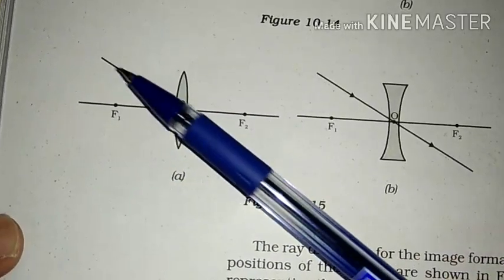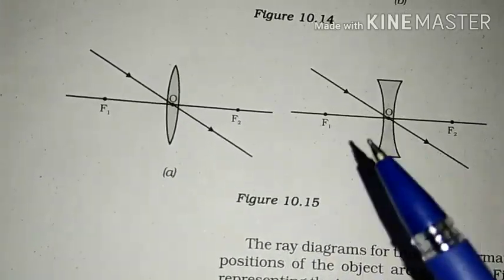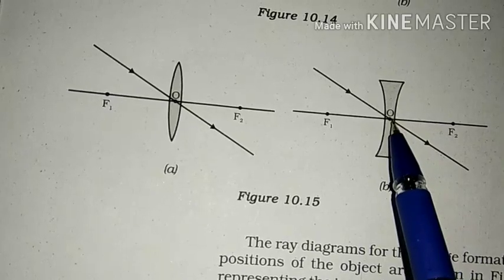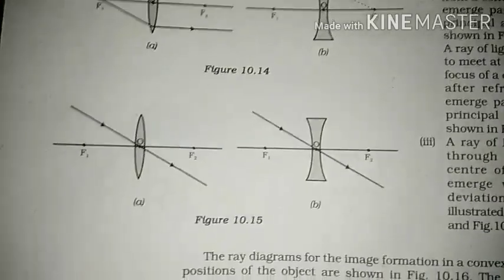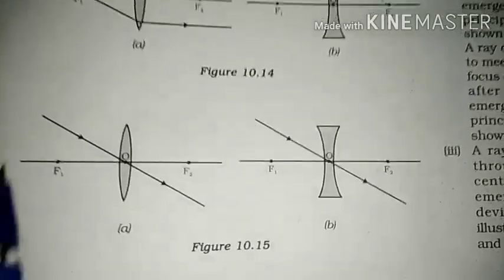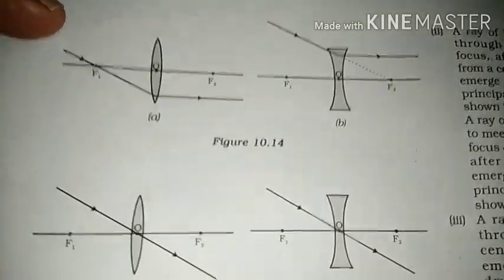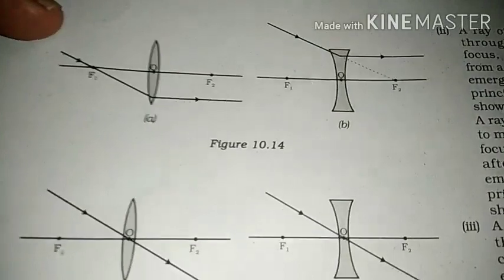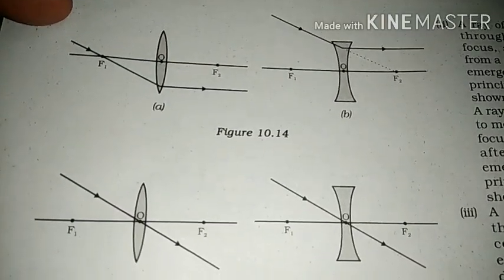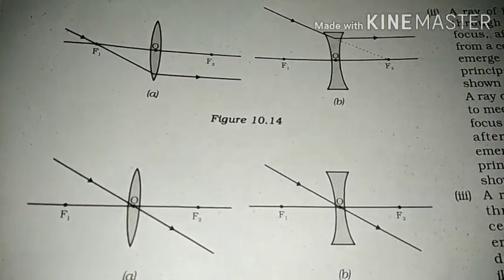They travel on its original path, and the same situation is for concave lens. Now, out of these three rules, we shall obey any two rules to represent image formation by convex lens in different 6 cases. So one by one we shall explain what are the different cases.